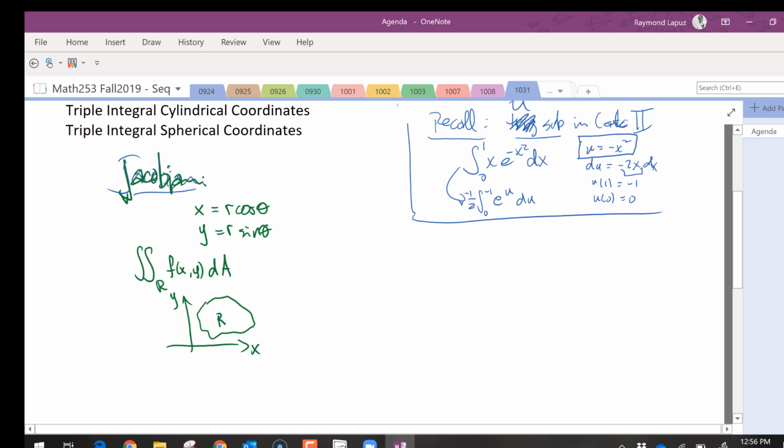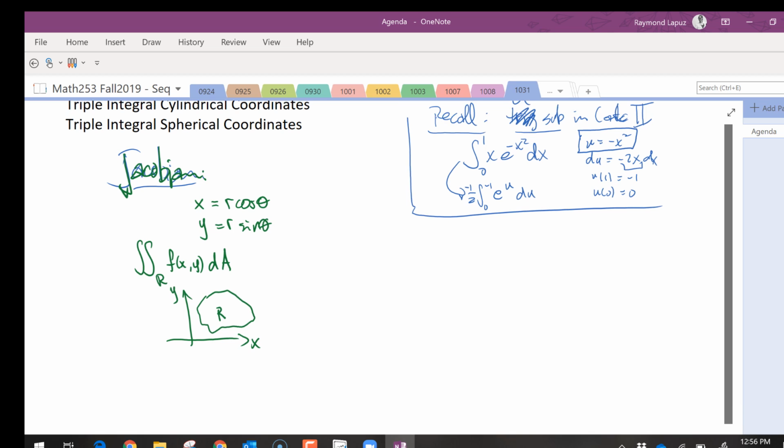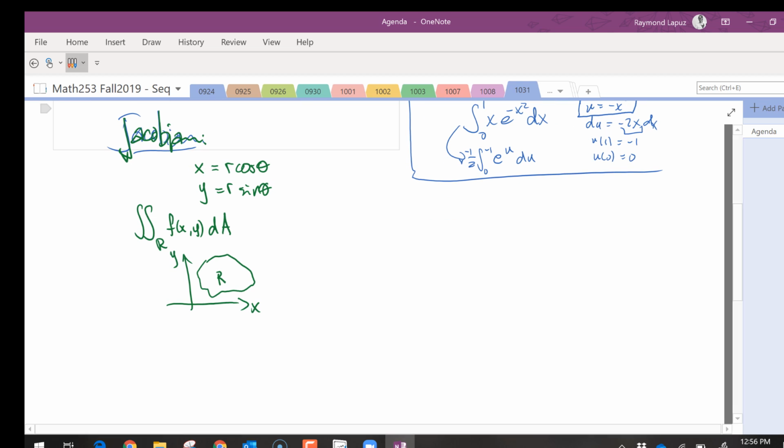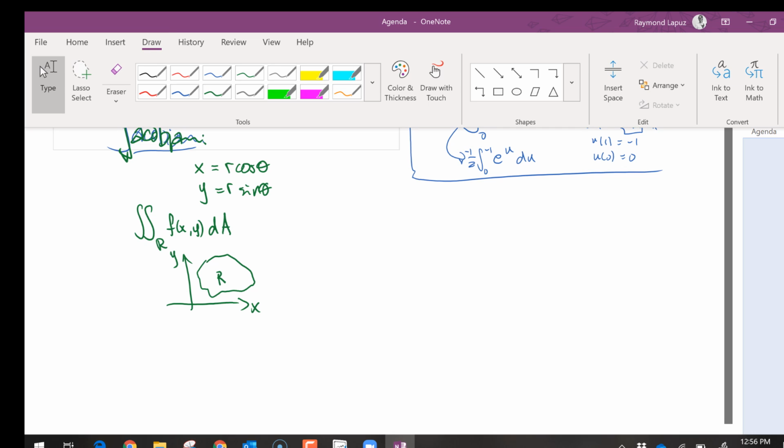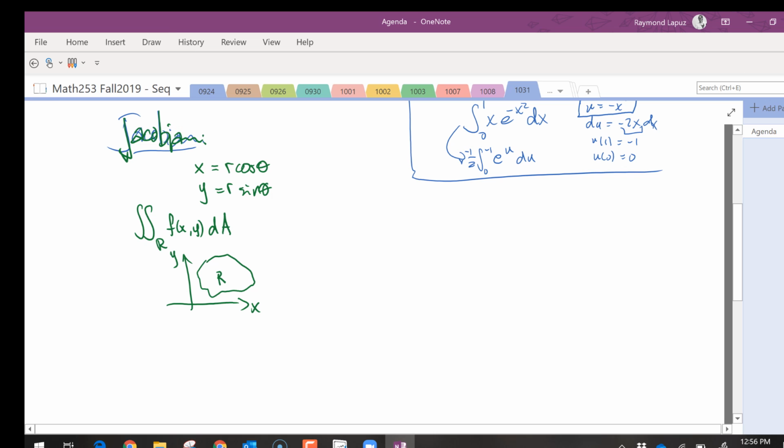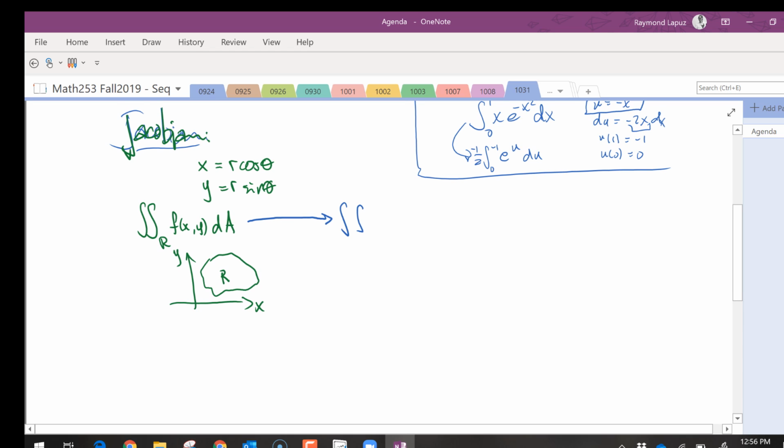And with this substitution, what we're doing is we're going to transform our integral into something with an r and theta instead of an x and a y. And so your limits of integration, so to speak, or what you're integrating over is going to change, and hopefully going to change for the better.